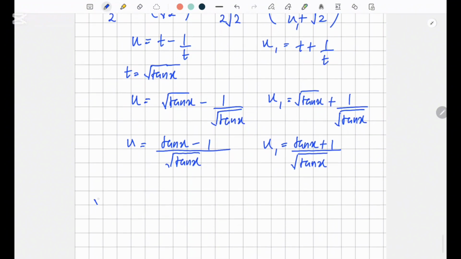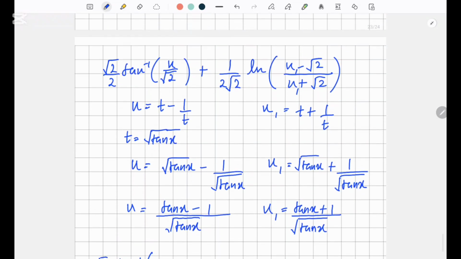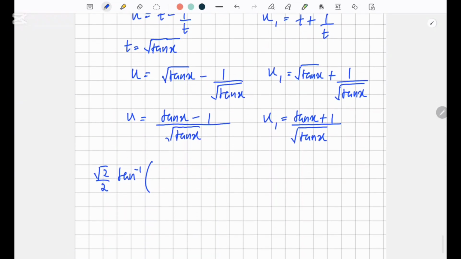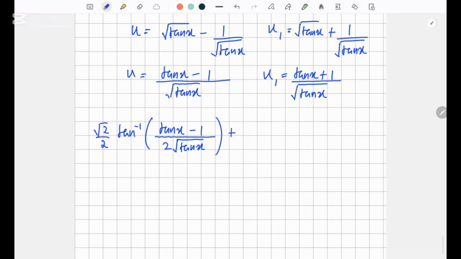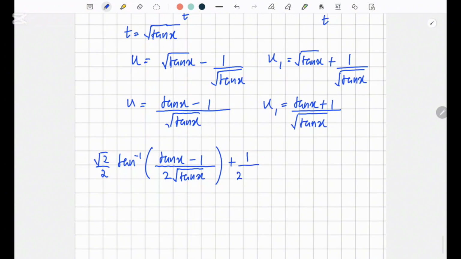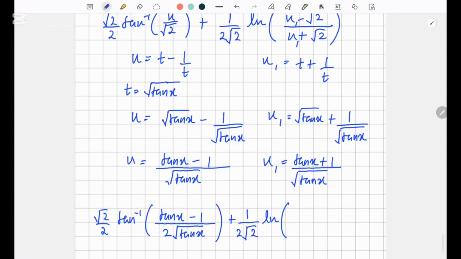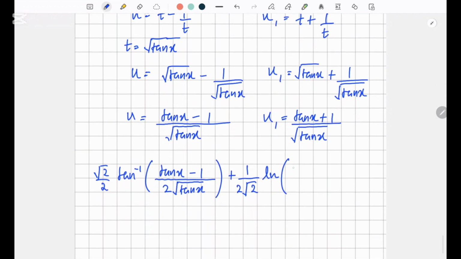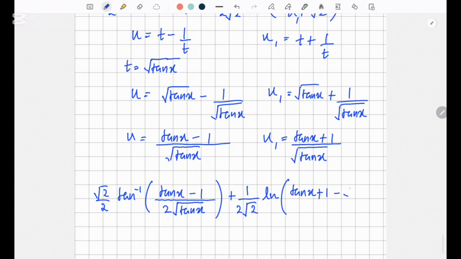So your final answer is root 2 over 2 tan inverse u, which is tan x minus 1 over 2 root tan x, plus 1 over 2 root 2 ln u dash, which is tan x plus 1 minus root 2.